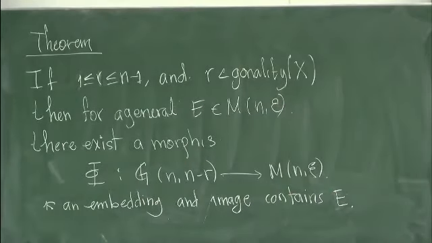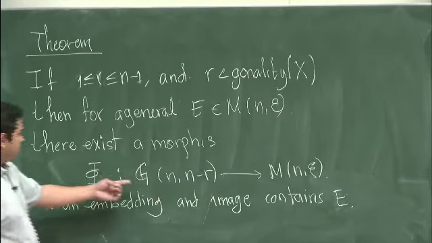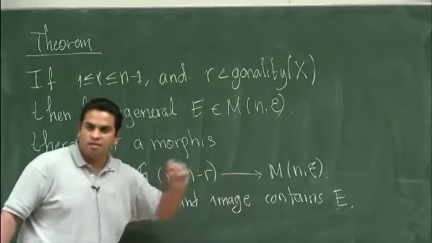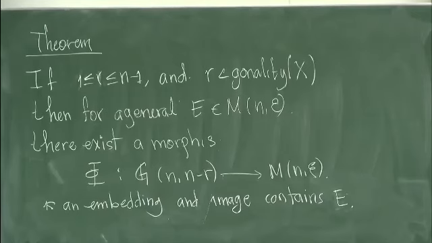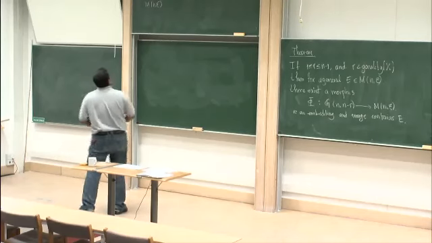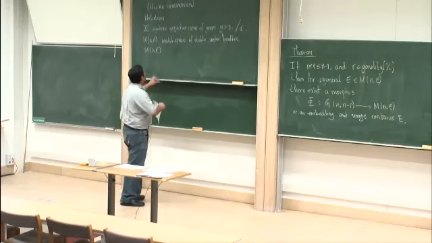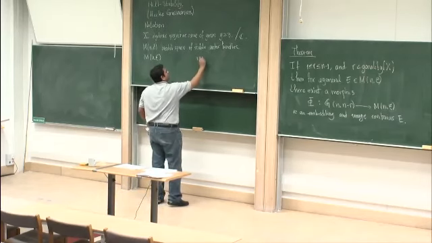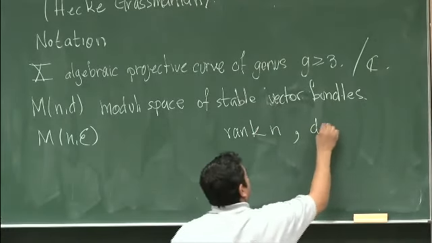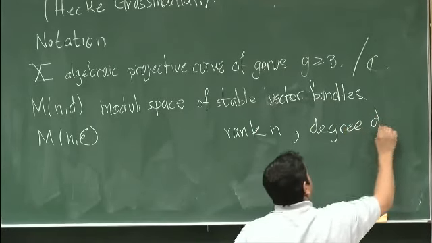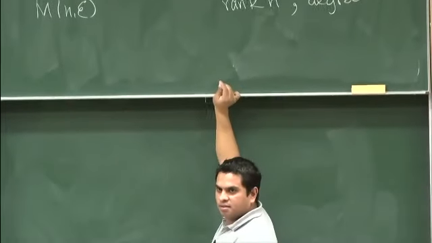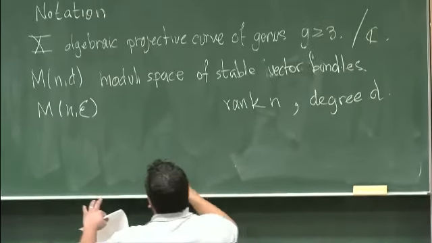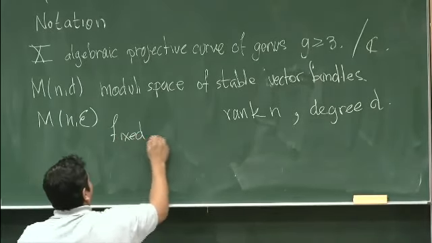The idea is to try to describe some geometry of the moduli space, and the idea is to define some Grassmannian in the moduli space. And what is M(n,ξ)? The moduli space of vector bundles with rank n and degree d. Okay, sorry, fix the determinant.